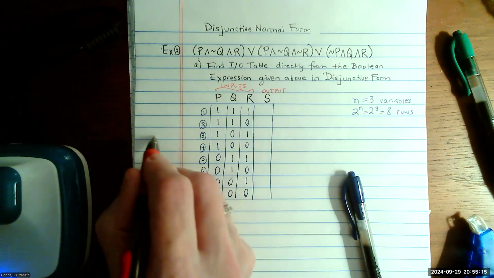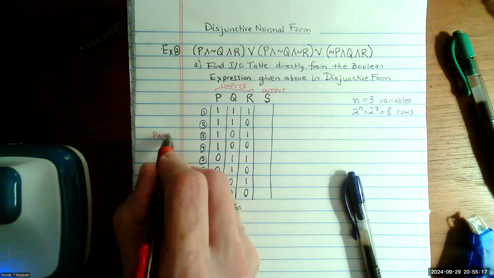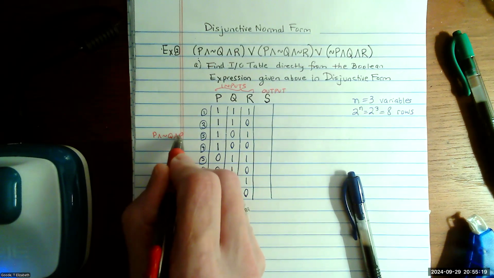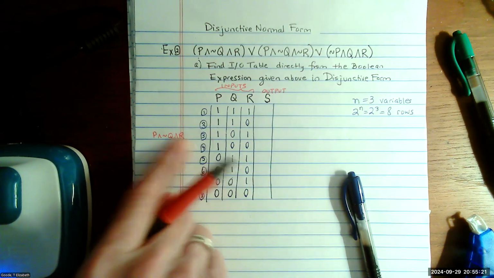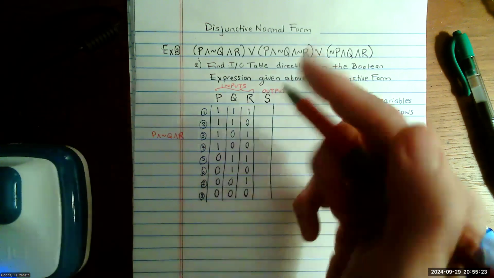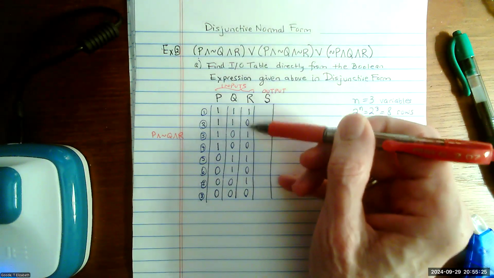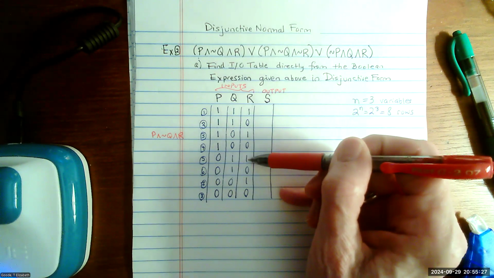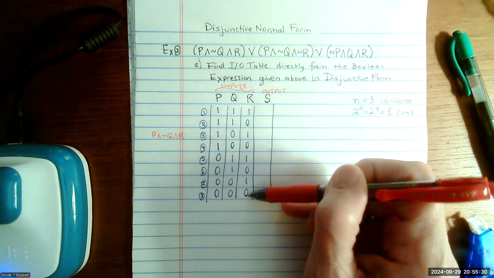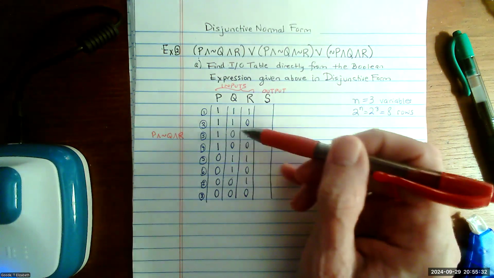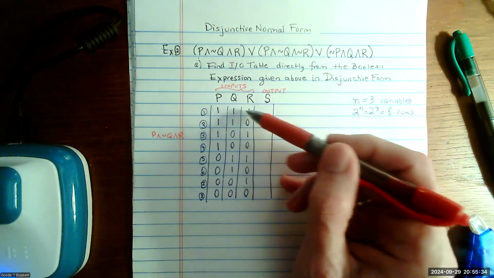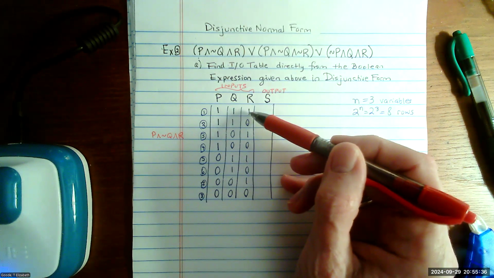This is P and not Q and R. This is a full description of this input state. There are 8 different states of possible inputs to the circuit, consisting of the 3 input wires and whether each is hot or cold.